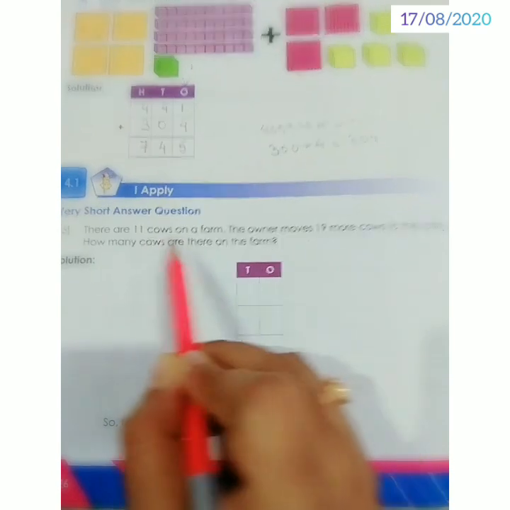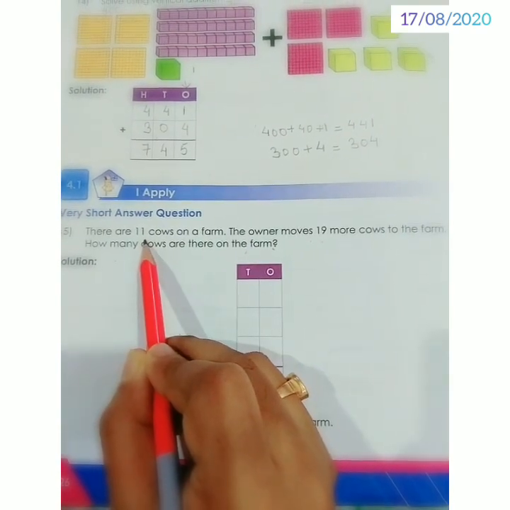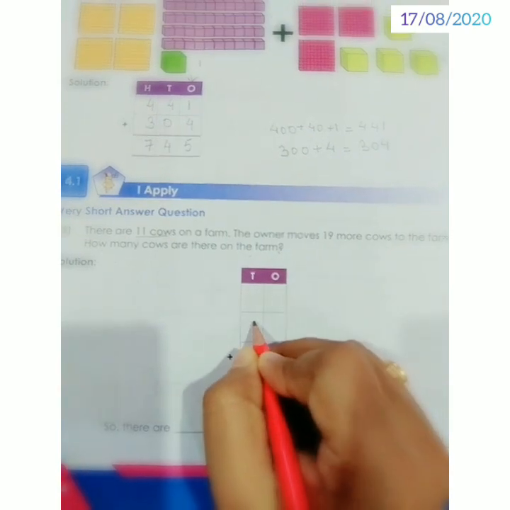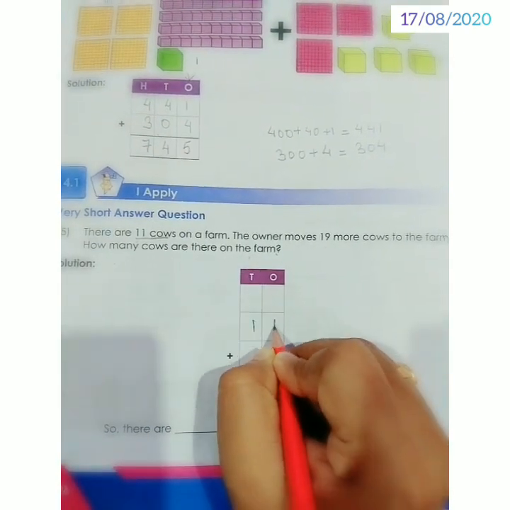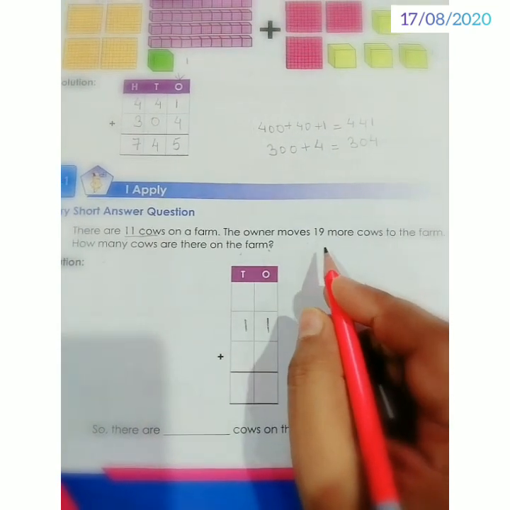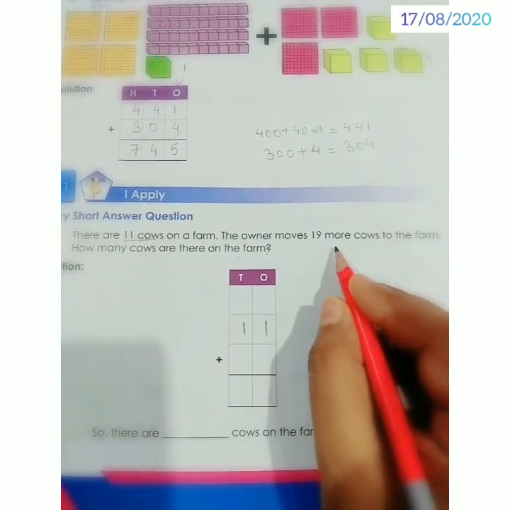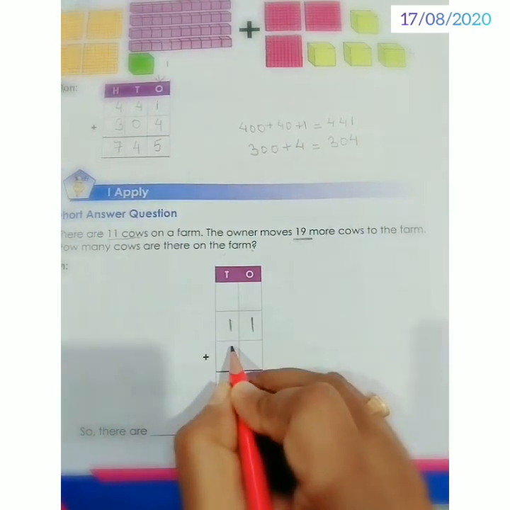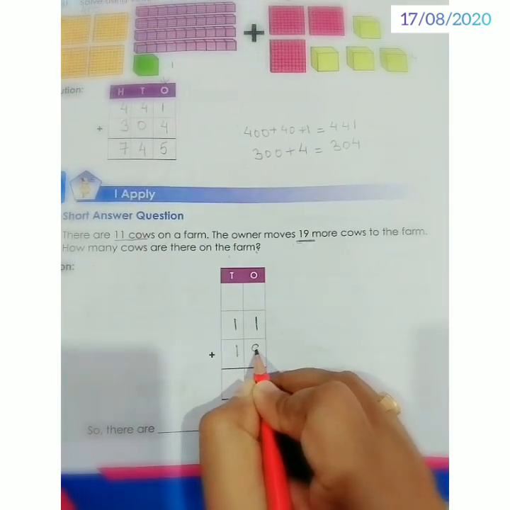So let us solve. First, how many cows are there on the farm? 11 cows. So write down 11 first. Then how many cows did the owner move to the farm? 19, isn't it? So write down 19 over here.